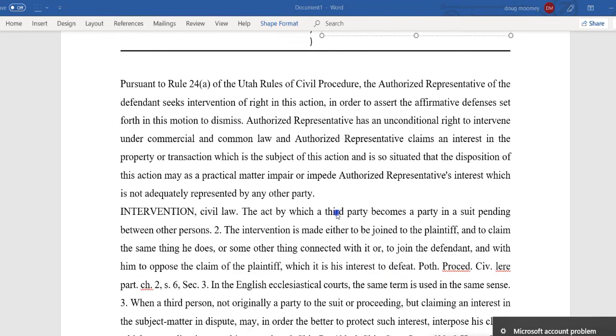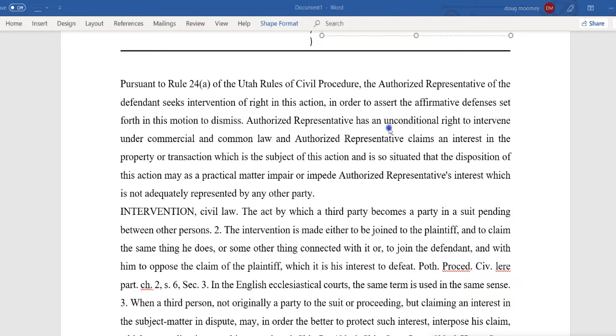So let's just read this real quick. This is pursuant to, shut up Microsoft, I hate you. Pursuant to Rule 24A of the Utah Rules of Civil Procedure, the authorized representative of the defendant, that would be me, seeks intervention of right in this action in order to assert the affirmative defenses set forth in this motion to dismiss.